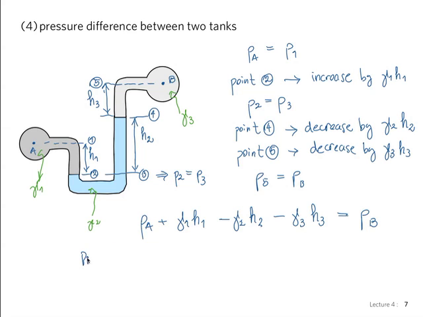And so now the pressure difference PA minus PB is equal to, move everything to the other side, and we have gamma 2 H2 plus gamma 3 H3 minus gamma 1 H1.